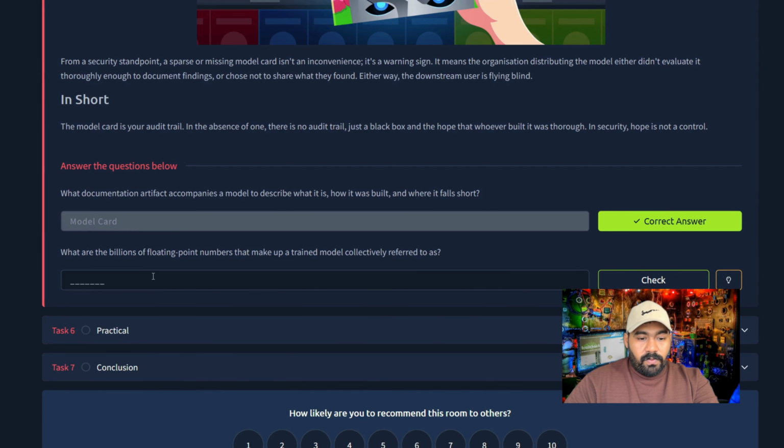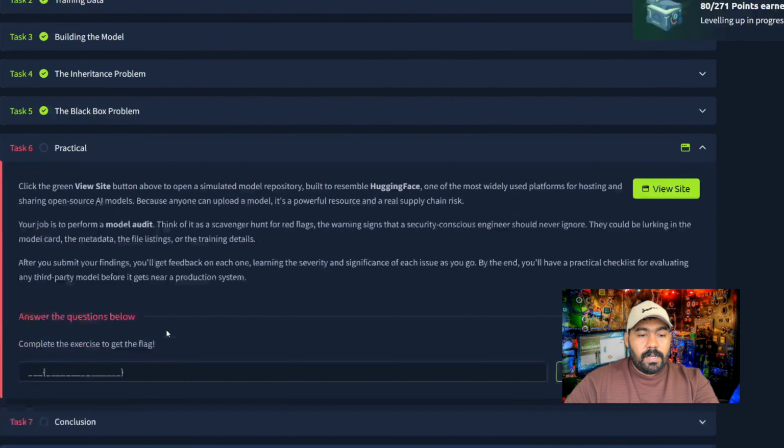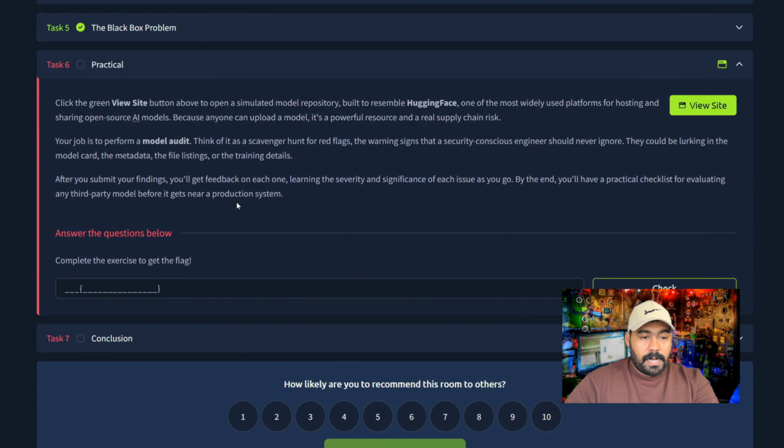What are the billions of floating point numbers that make up a trained model? Collectively they are referred to as weights. Yes, correct.